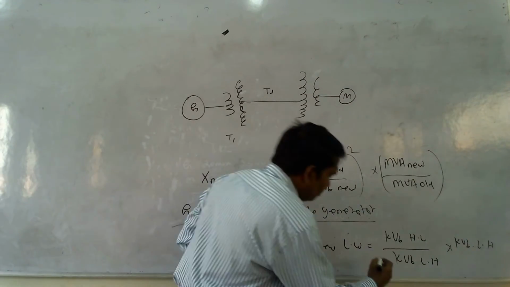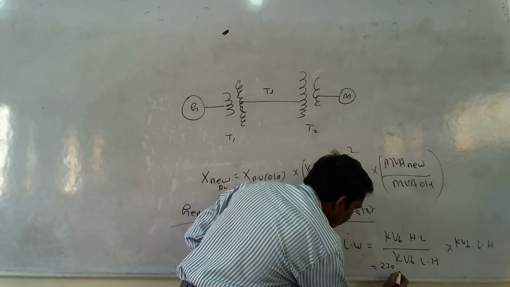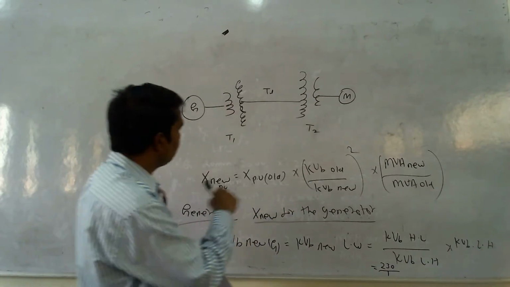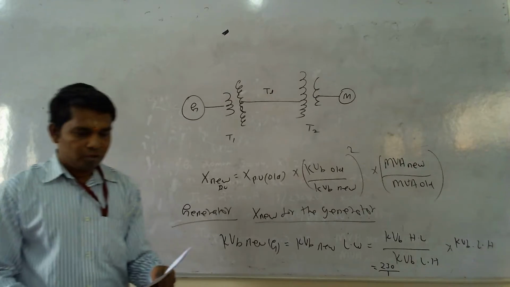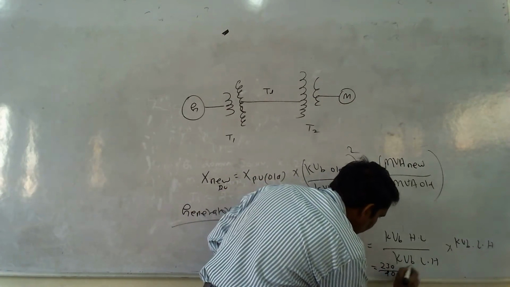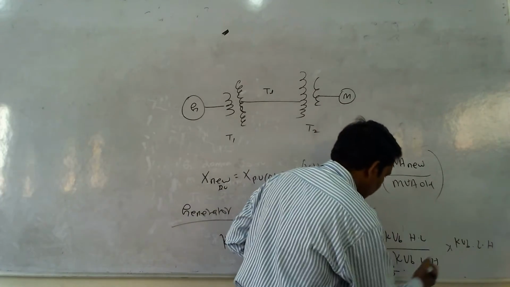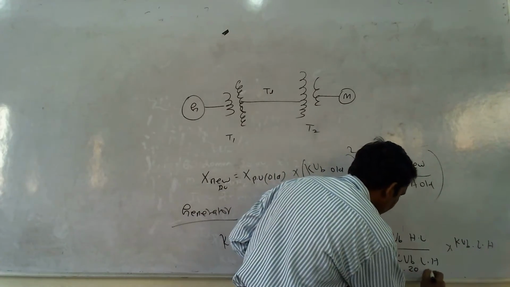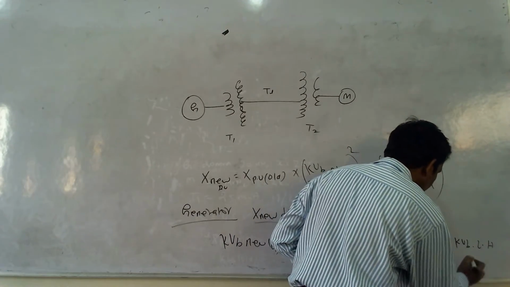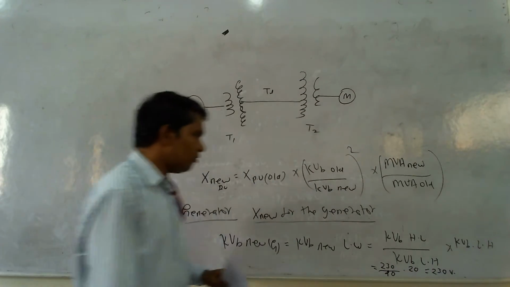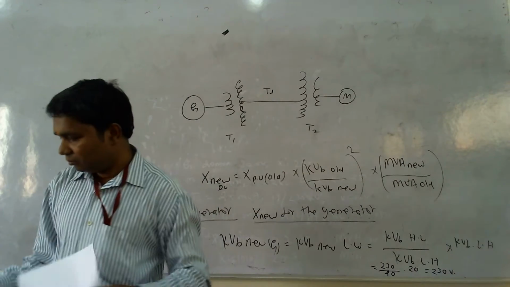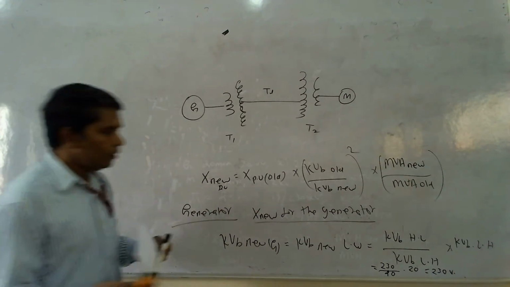On the low voltage side we have the value of 20, and on the low voltage side again we have 20. So you will have the 230 voltage. This will be taken for the secondary side values, right? So let us take in these values.